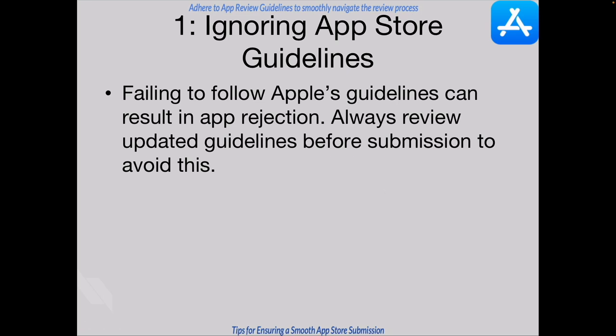As we know, Apple's App Store guidelines are very detailed and regularly updated, and ignoring these guidelines is one of the most common reasons apps get rejected. Before we start developing, we have to familiarize ourselves with the guidelines, especially around design of the app, user privacy, and performance. A thorough review of these guidelines will prevent unnecessary reworks and delays during submission.